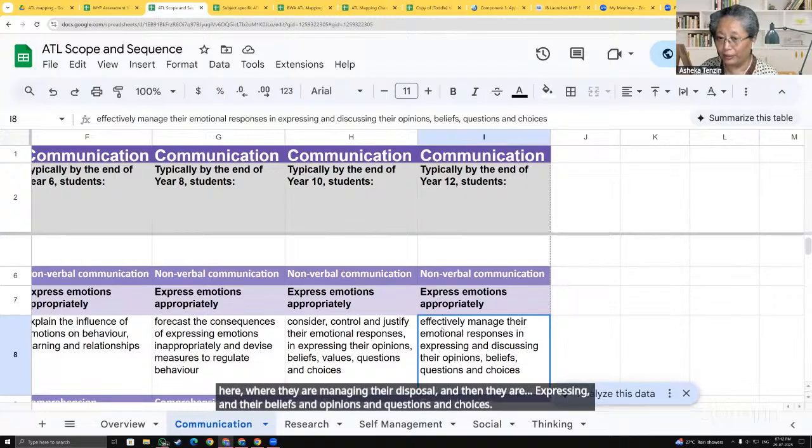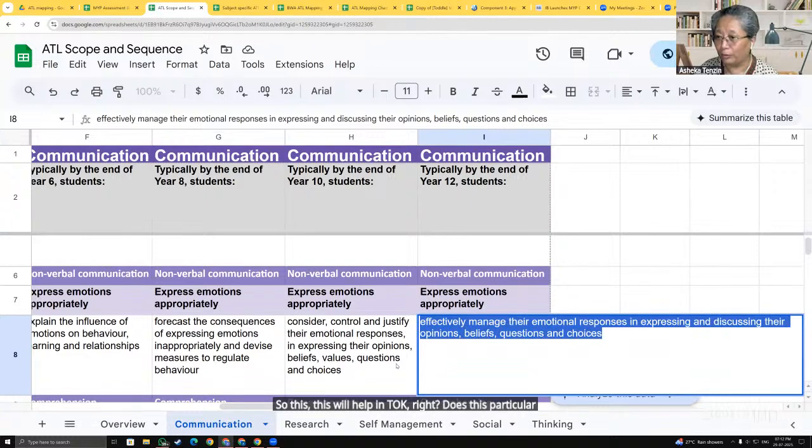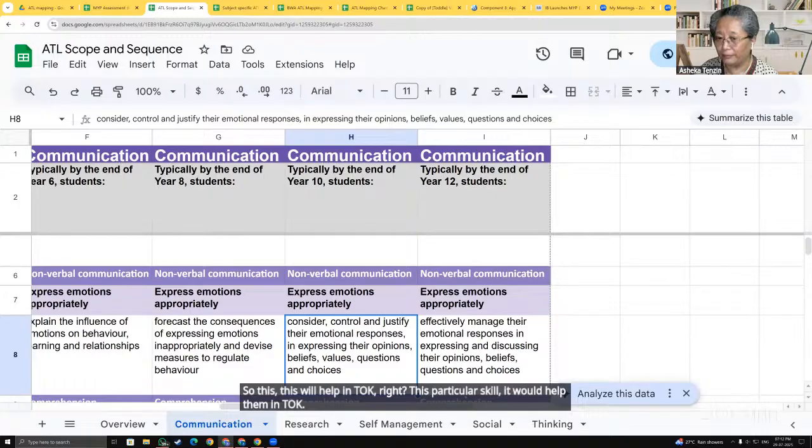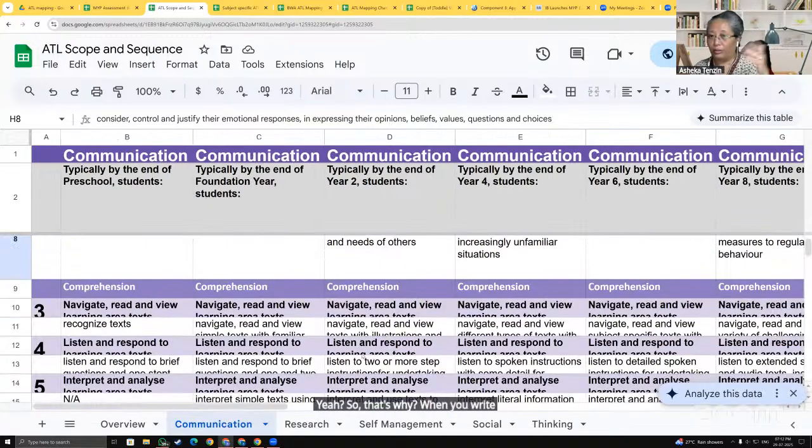This will help in TOK, right? This particular skill would help them in TOK. That's why when you write your skills, the progression has to show this way, right from preschool, how you're going to go.